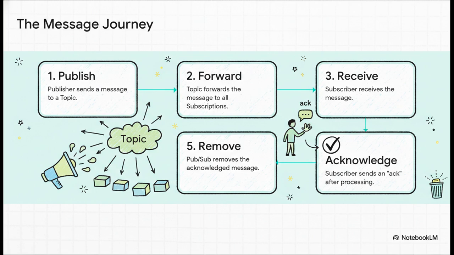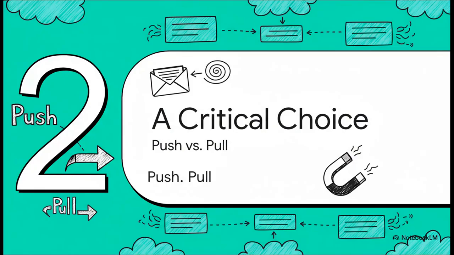Once the subscriber has completely finished its job, it sends back a little signal called an acknowledgement, or ACK for short. That ACK is its way of telling PubSub, hey, I'm done with this one, you can get rid of it now. This is the secret sauce for reliability, because if the subscriber crashes mid-process, it never sends the ACK, and PubSub knows to just send the message again later. No data gets lost.